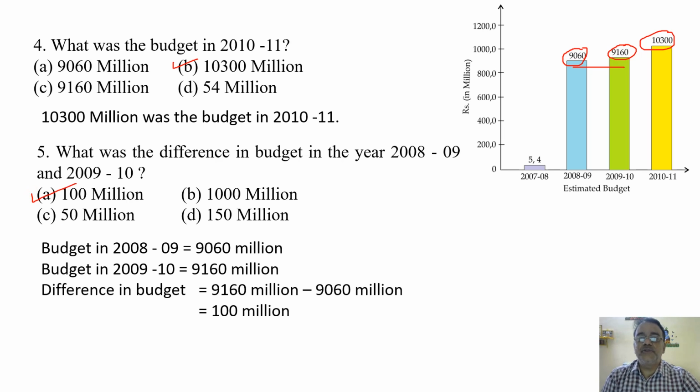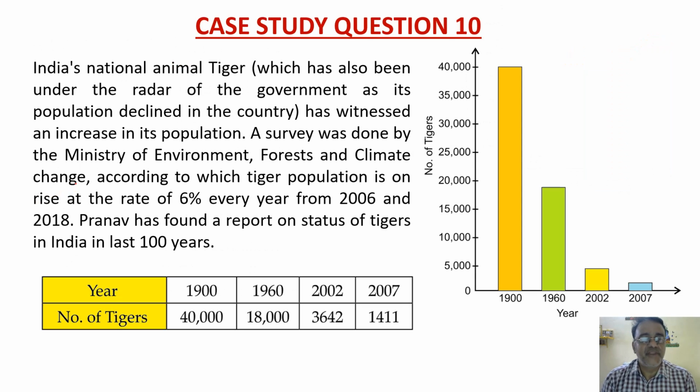So now we are moving toward the last case study, question number 10. India's national animal tiger, which has also been under the radar of the government as its population declined in the country, has witnessed an increase in its population. A survey was done by the Ministry of Environment, Forest and Climate Change, according to which tiger population is on rise at the rate of 6% every year from 2006 and 2018.